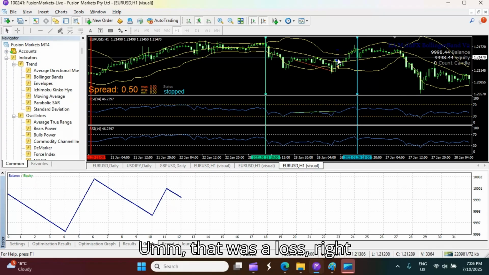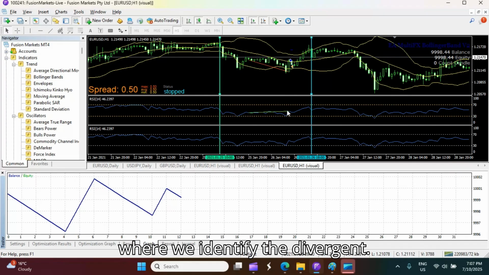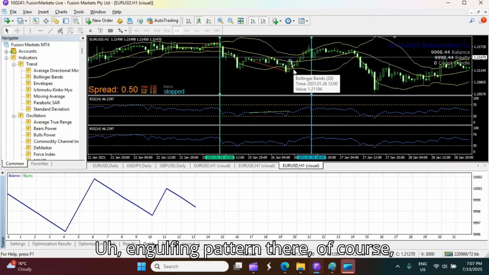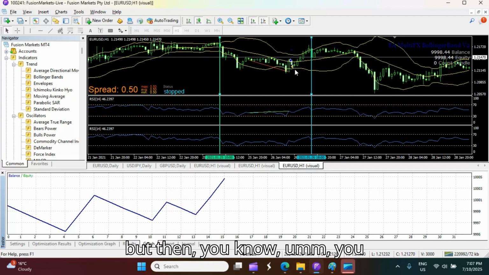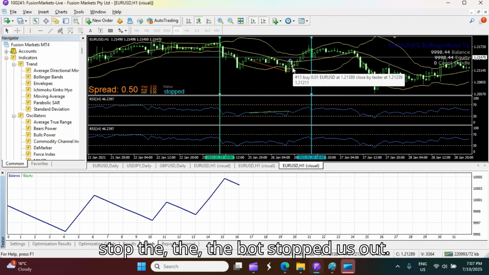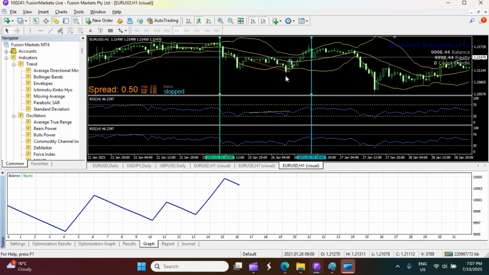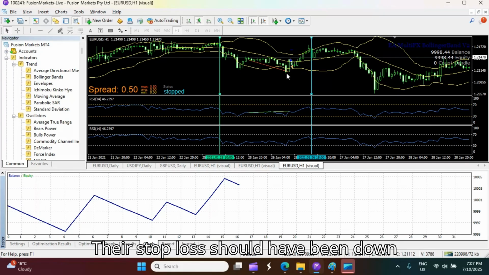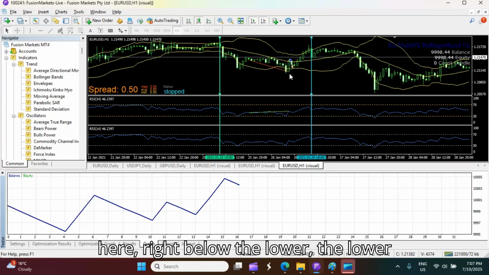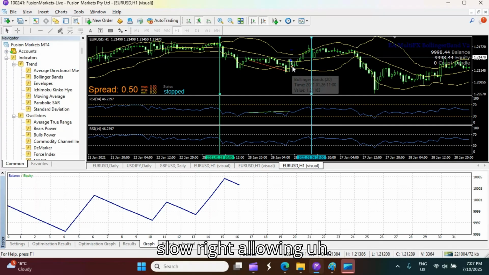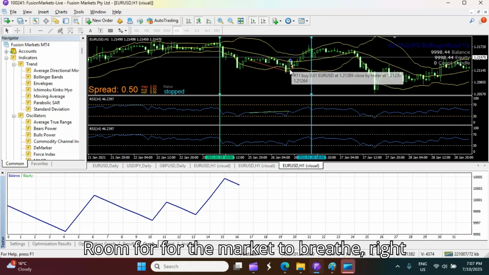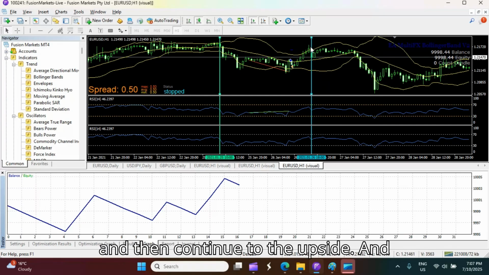That was a loss, right, where we identified the divergence and the engulfing pattern there, of course, but then the bot stopped us out, and that's probably because the stop loss should have been down here, below the lowest low, allowing room for the market to breathe, and then continue to the upside.